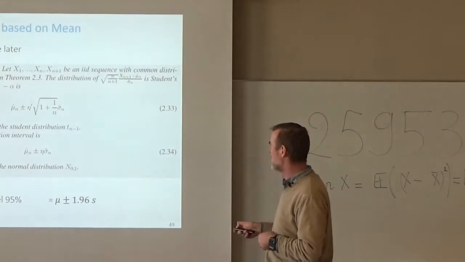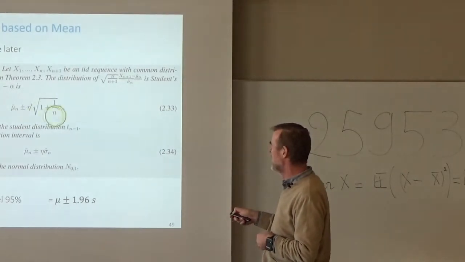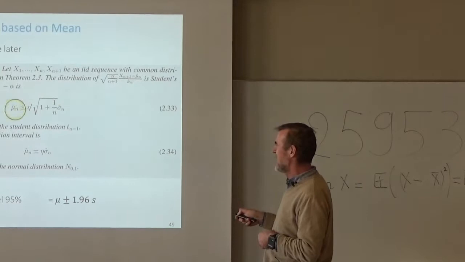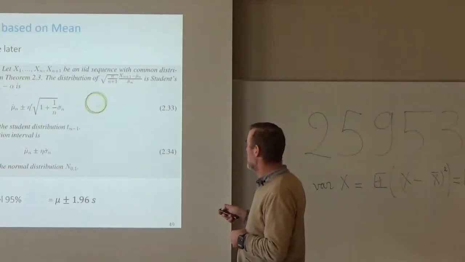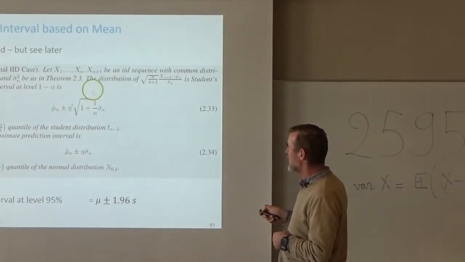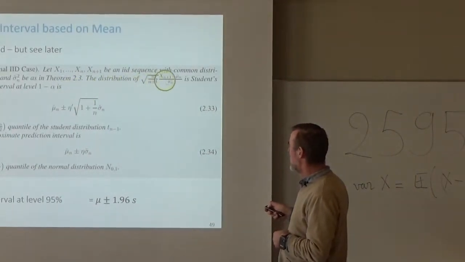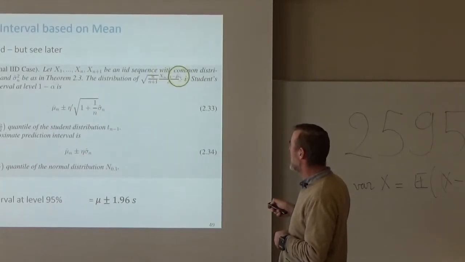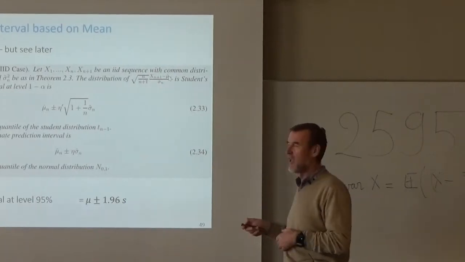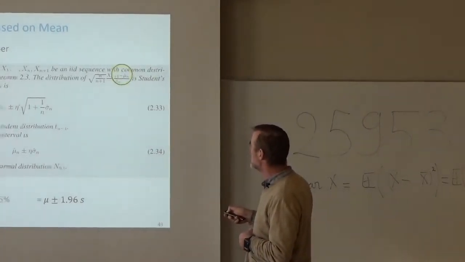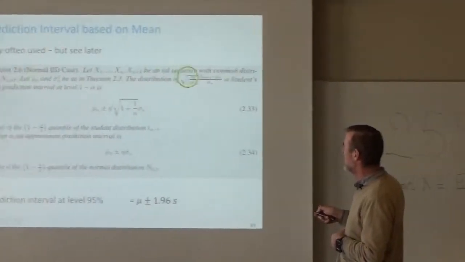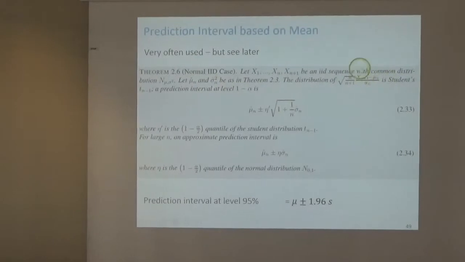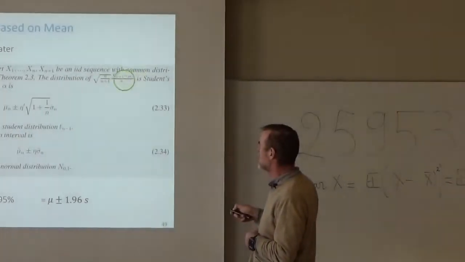This is captured by this formula, formula 233. This one is exact and captures also the uncertainty due to estimation. So we know that the distribution of the new data point minus mu n hat is not the true mu. In this formula, if I would replace mu n hat by the true mu and sigma n hat by the true sigma, and if I ignore the square root in front, this thing here would be what?